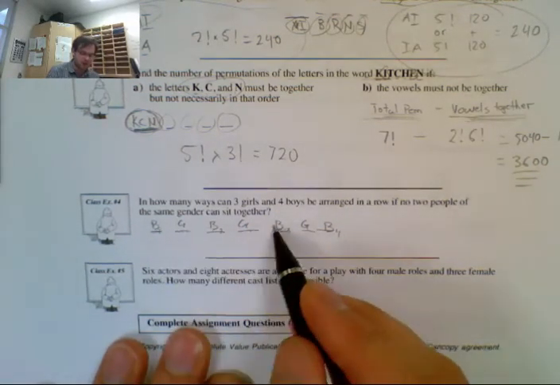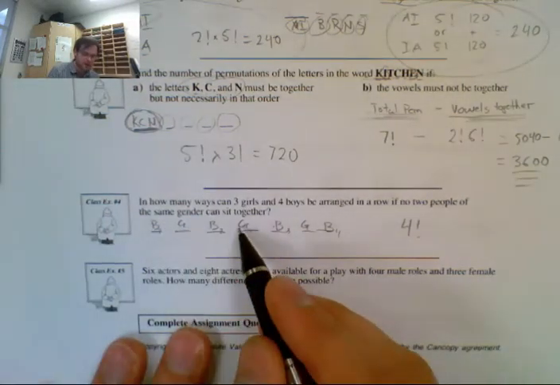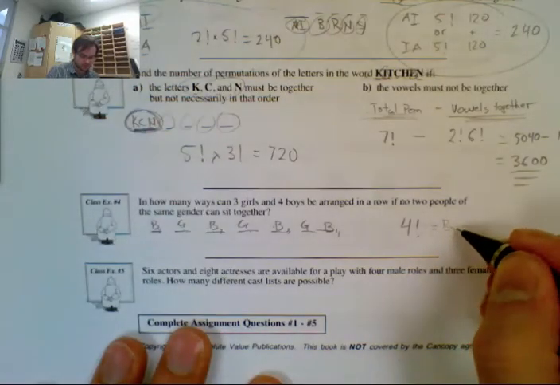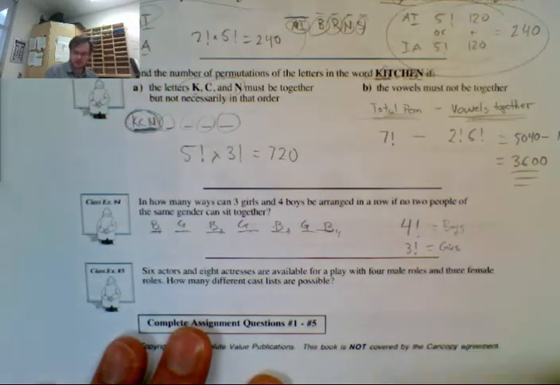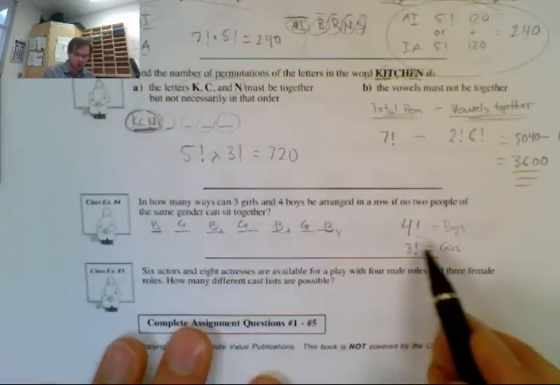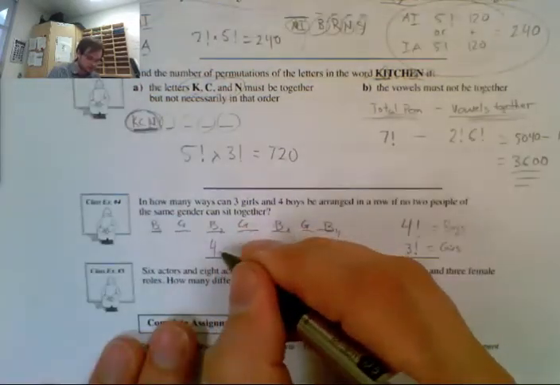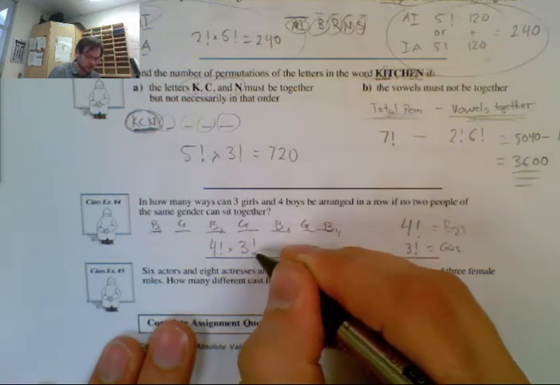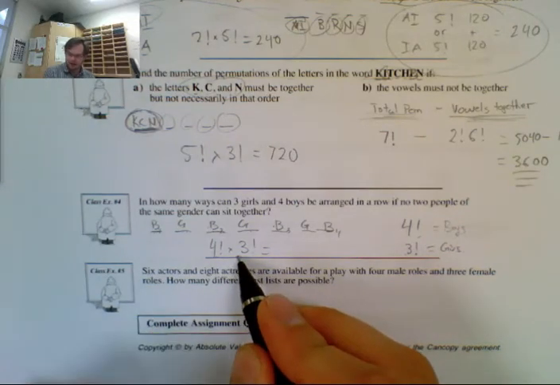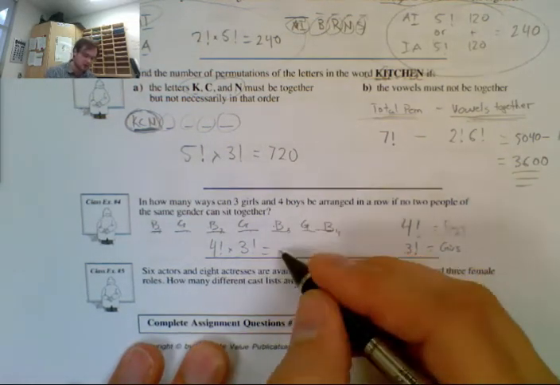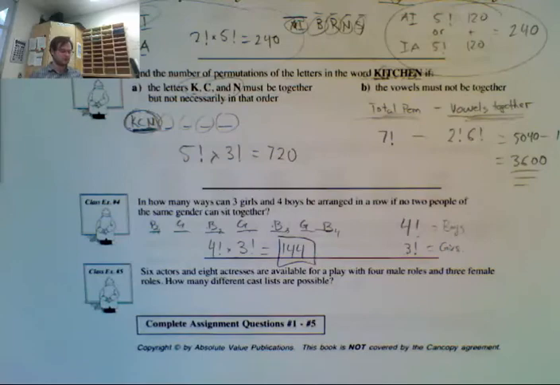So there's 4 factorial for the boys. And there is 3 factorial for the girls. Okay? So now all we have to do is multiply 4 factorial by 3 factorial, because there's 4 boys and 3 girls, which is going to end up giving me, this is 24 times 6, which is 144. Okay? And that there is my answer.